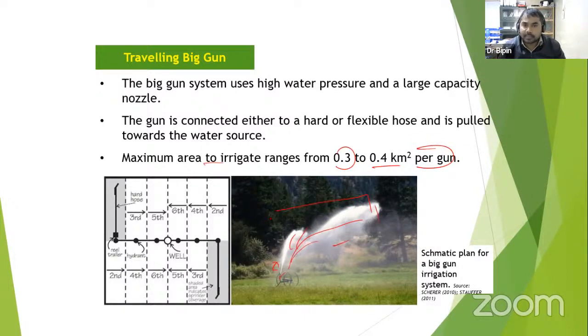And this type of irrigation system you can even see in India. Nowadays, farmers are choosing this gun system because it is not much costly compared to the central pivot system. It can easily be afforded even by medium class farmers. So this gun will rotate on this wheel over your whole area, and slowly it will irrigate.